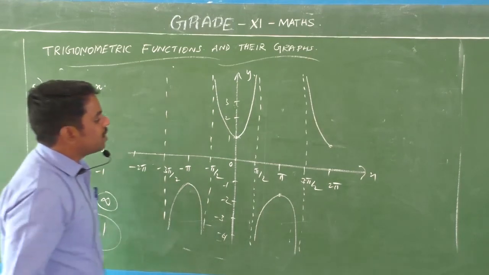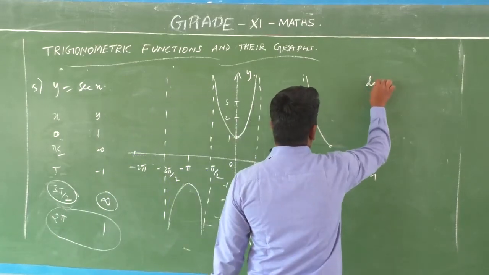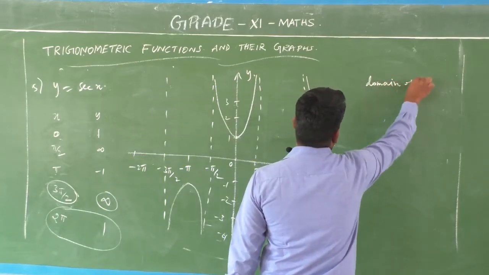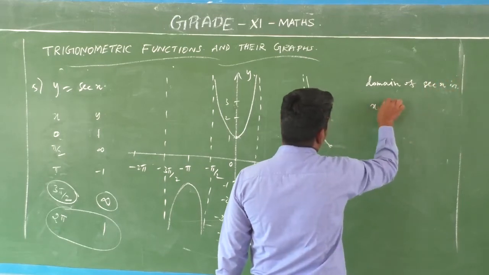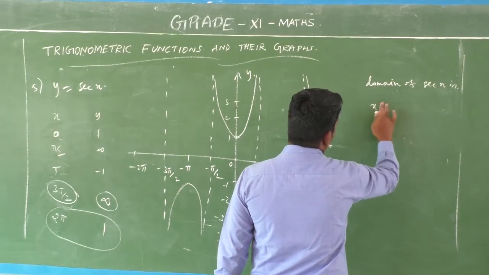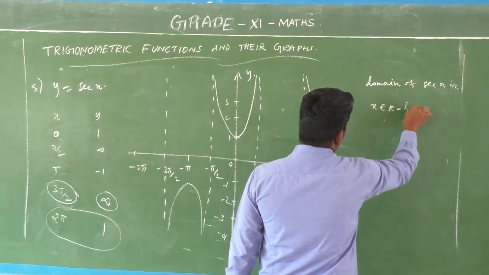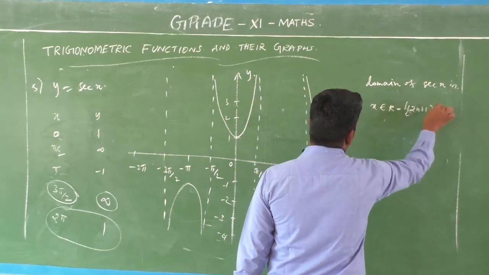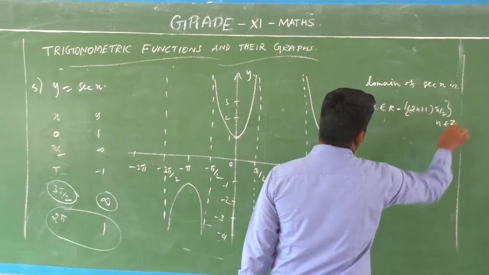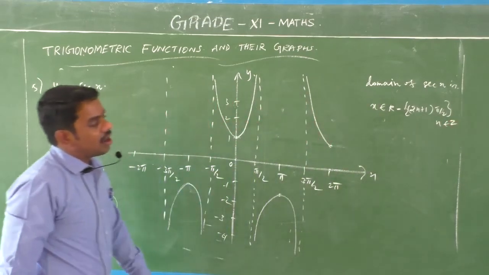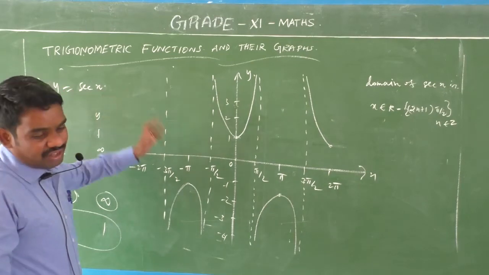Here, the domain of secant x. The domain of secant x is x belongs to R except (2n plus 1) into pi by 2, n belongs to Z. Here, at odd multiples of pi by 2, the secant value is not defined.